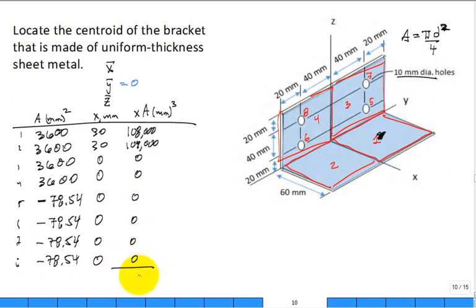You sum that column, you get 216,000. You sum for the areas, 16,486. I take the ratio of those two to calculate x bar. I'm going to ask you to calculate it and give it to me alphanumeric in 3 significant digits in units of millimeter.